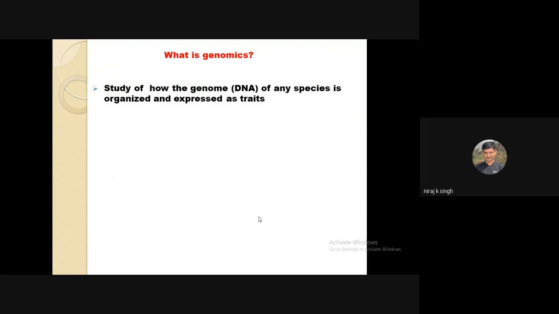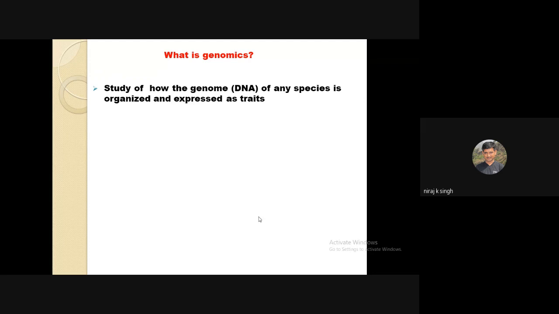Before going further, what is genetics? What is genomics? As you know, a gene is the oligonucleotide sequence which is responsible for a polypeptide sequence. But the genome represents all genetic materials of the cells, so it includes all genes.